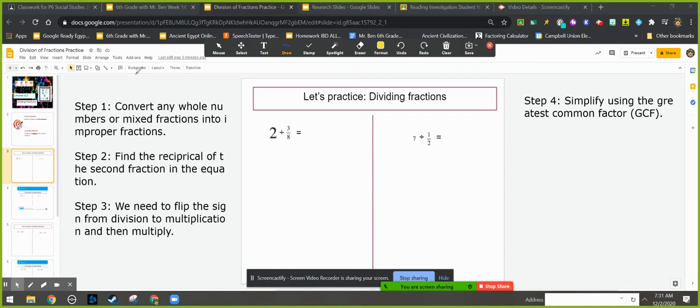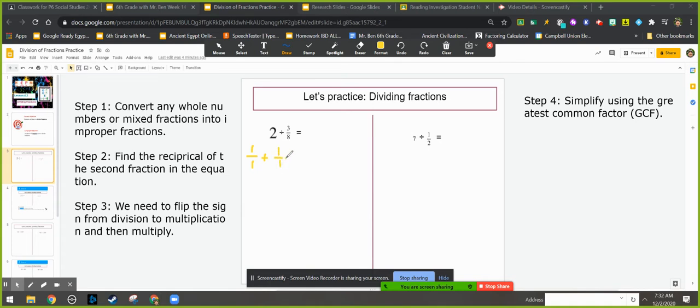So with this problem first, I'm looking here at step one. It says convert any whole numbers or mixed fractions into improper fractions. Okay, so I'm going to do that. Here's my number 2, and that is a whole number. And so I'm going to convert that. I know that 2 is the same thing as saying 1 over 1 plus 1 over 1.